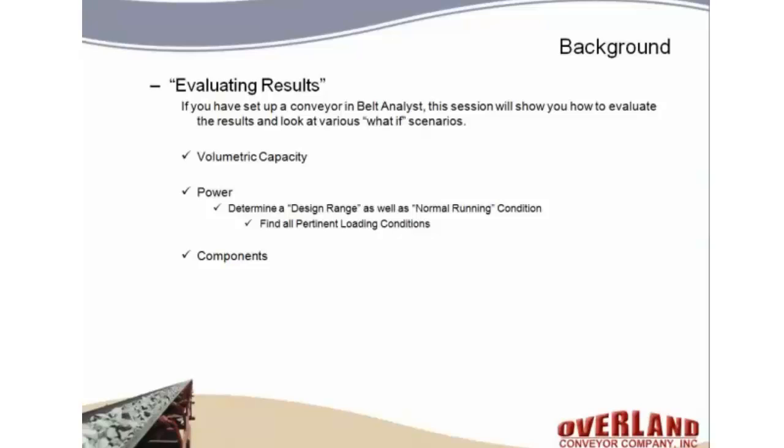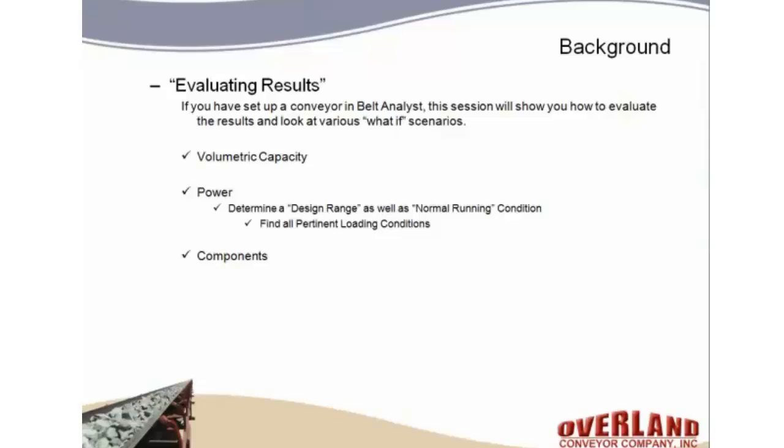We are assuming in this module, evaluating results, that you already have set up a Belt Analyst program file, and all the particular belt conveyor information has been input. We've gone through that in previous sessions, and in this session we'll talk about evaluating the results and looking at various what-if scenarios.